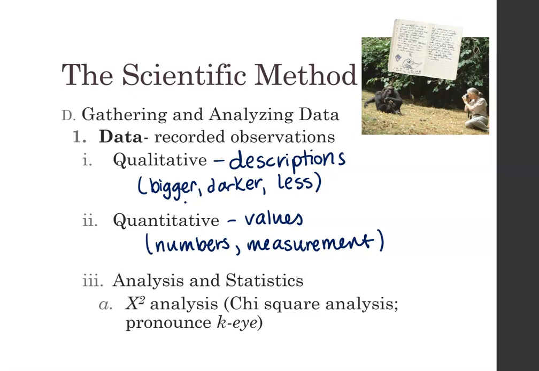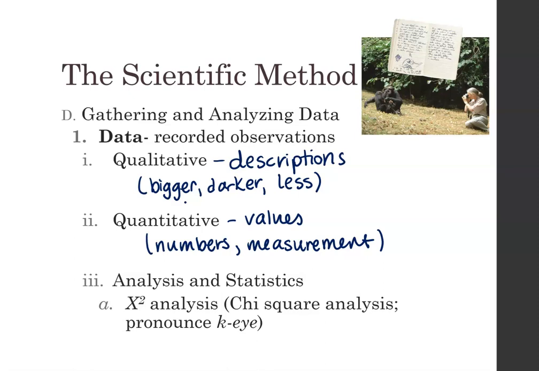But if we have quantitative values, if we have a specific measurement, we can set what we mean by bigger. Well, we mean twice as big, or we mean 5 inches longer, or we mean a few centimeters bigger. Whatever your data might be, it's easier to analyze it when you use quantitative values.